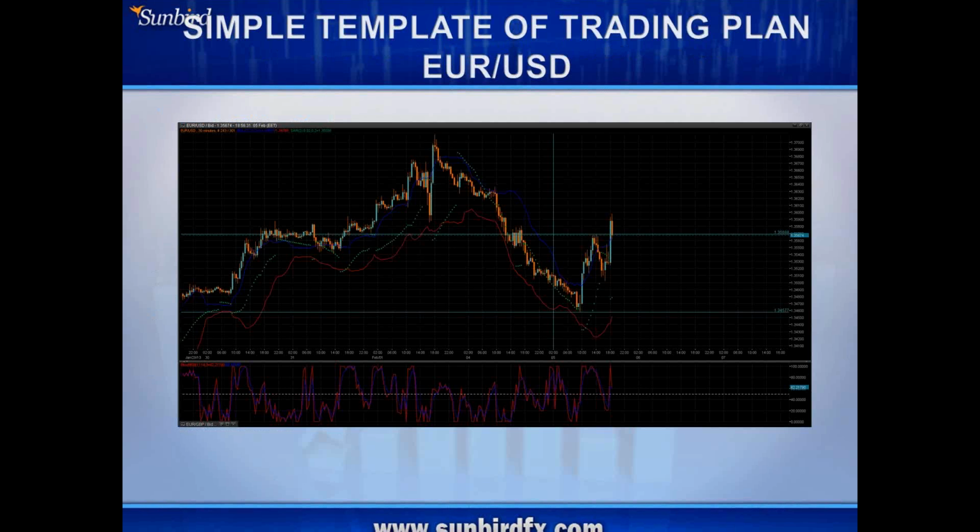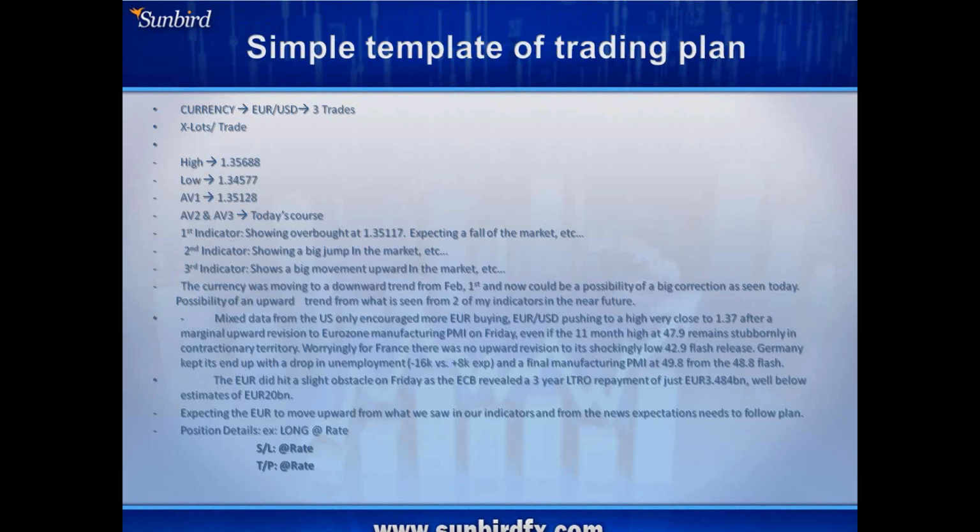So as you can see here, I'm analyzing my graph, and I'm writing down that my third indicator shows a big movement in the market moving upward. Okay, so again, just writing a small summary of the market data.